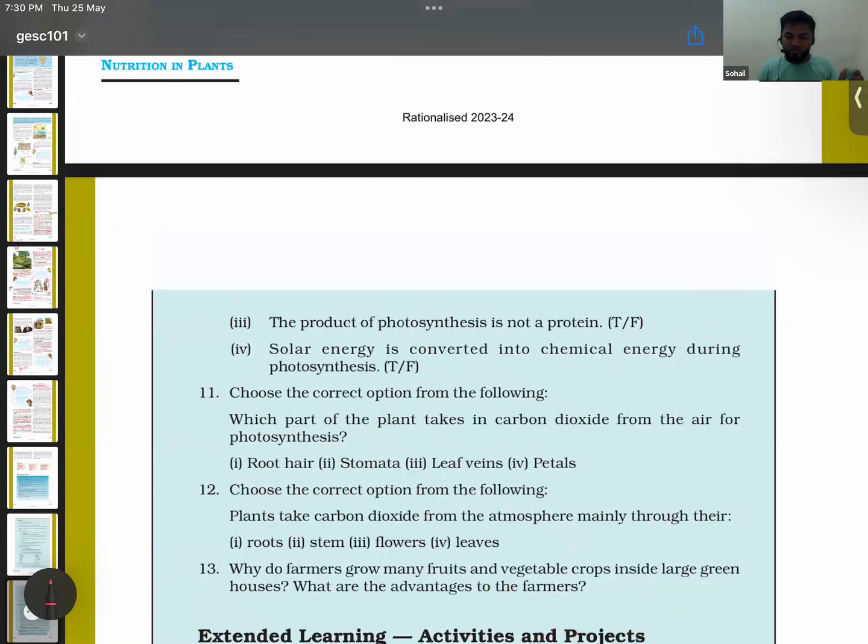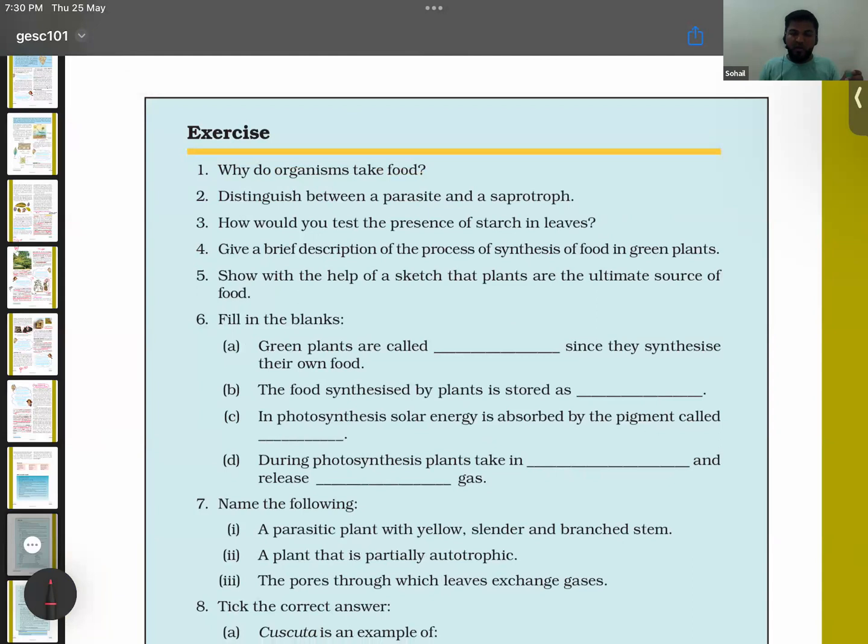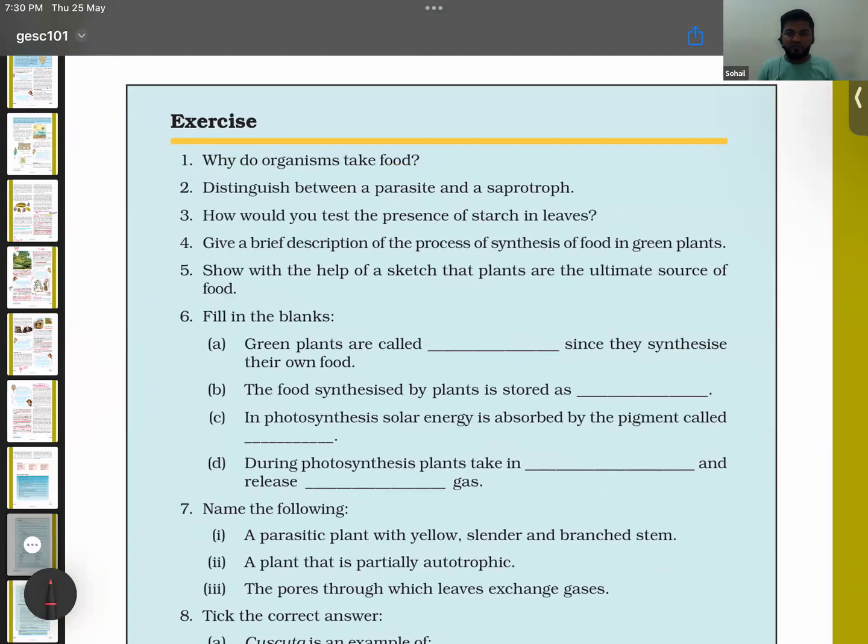Okay, so do one thing. Upload the answers of the questions which you have written yourself. These questions will be sent to you as an assignment. I actually need to see the way you answer the questions. Okay, so Mafaz, that's it for today.